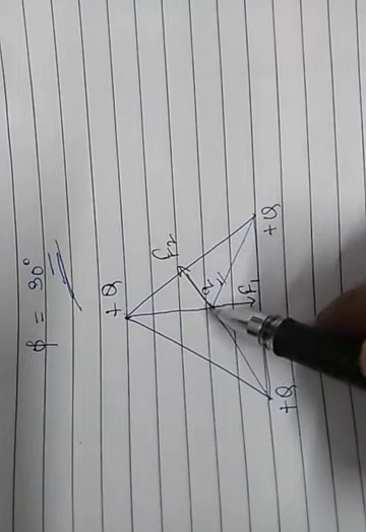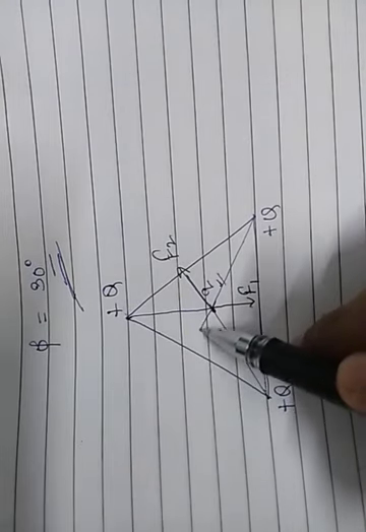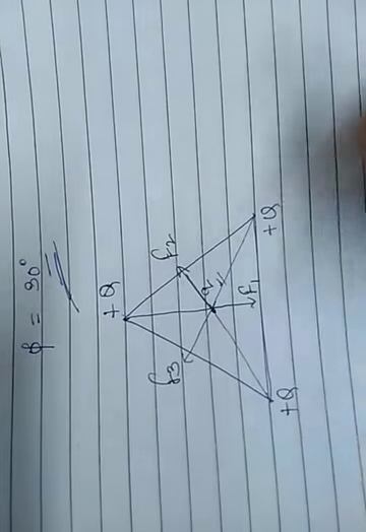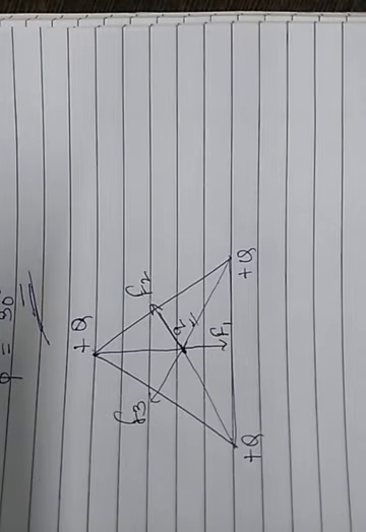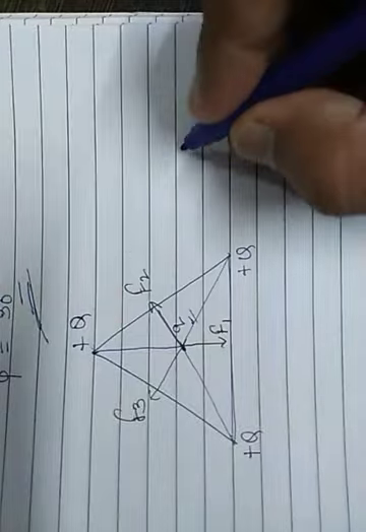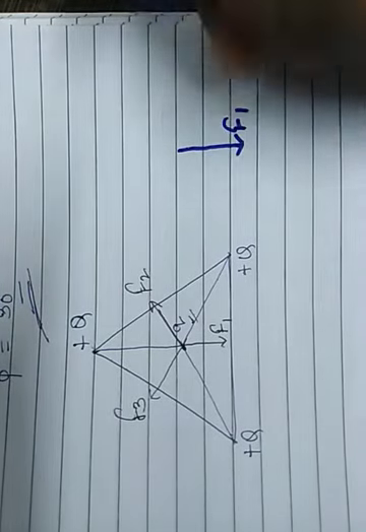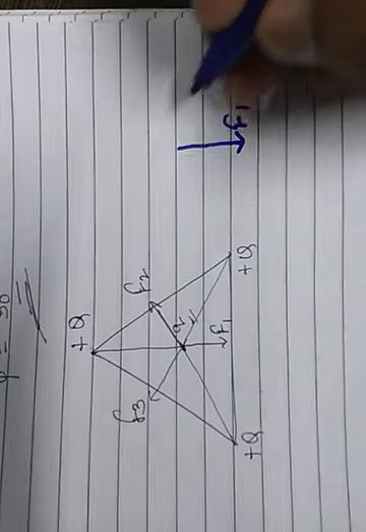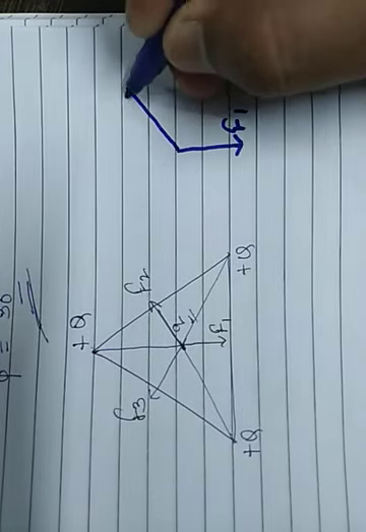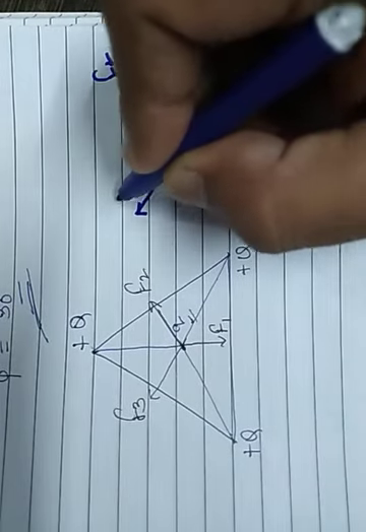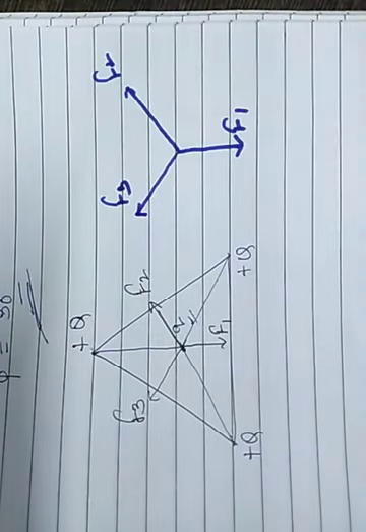And due to this charge, the force on this, again a repulsive force, is in this direction, let it be F3. So we have 3 forces. If I want to represent, this is the first force F1, this is the second force F2, and this is the third force F3.